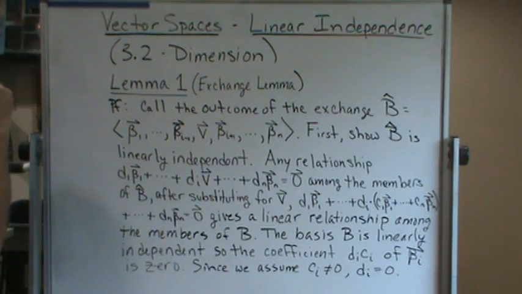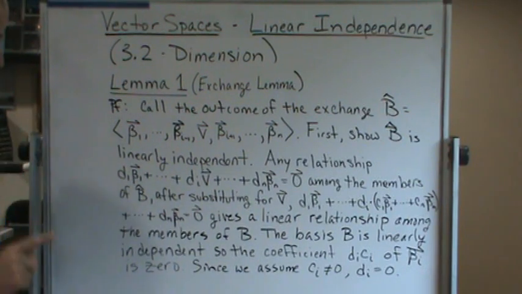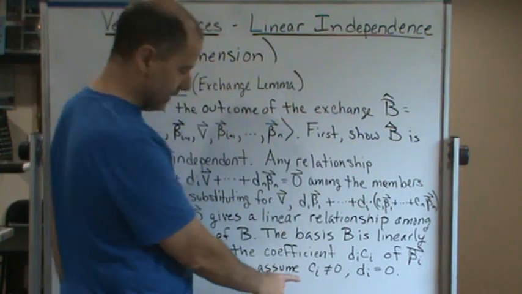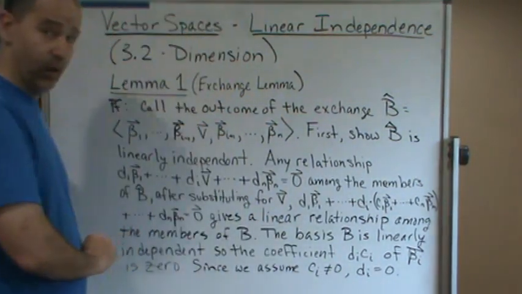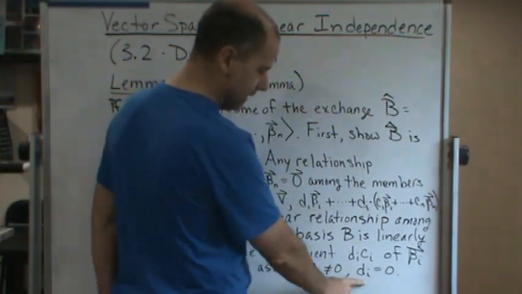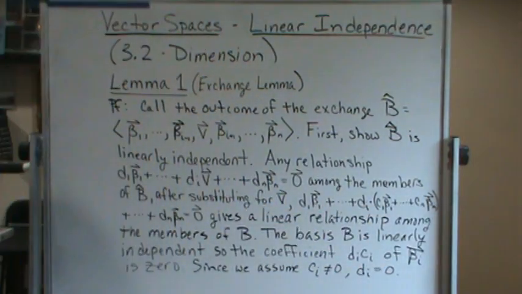Why? Because it's a linear combination of the betas from the basis. But we assumed that c sub I is not 0. So that means d sub I must be 0.